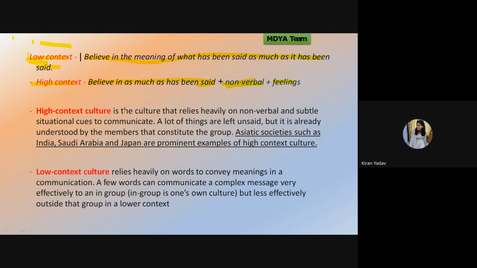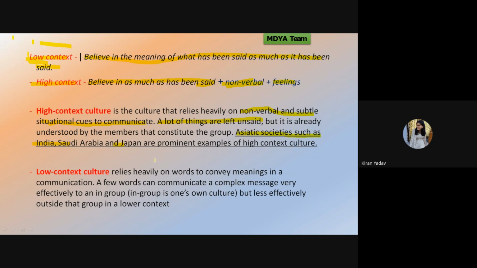A high context culture relies heavily on non-verbal and subtle situational cues to communicate. A lot of things are left unsaid, but are already understood by the members of the group. Examples of high context culture are Asiatic societies such as India, Saudi Arabia and Japan.